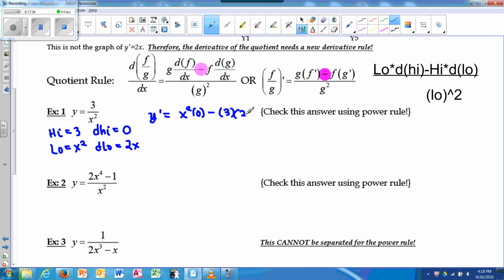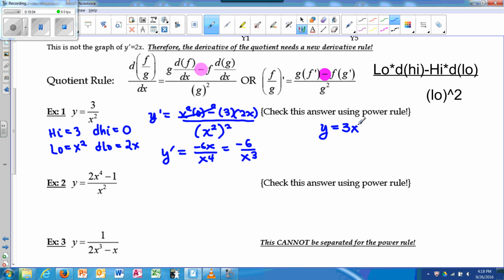So using our rhyme, we have low d high minus high d low over the square of what was below. So low squared. Now, since anything multiplied by 0 is 0, our first term goes away. We have negative 6x on top, x to the 4th on bottom. That simplifies to negative 6 over x cubed.